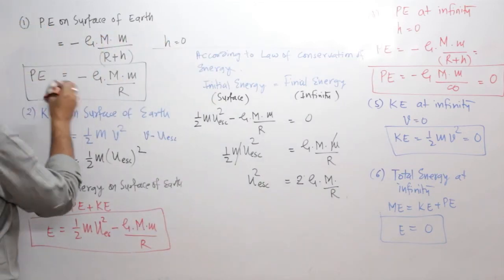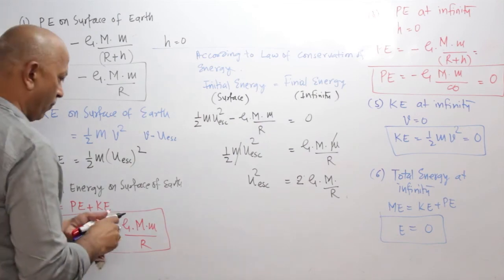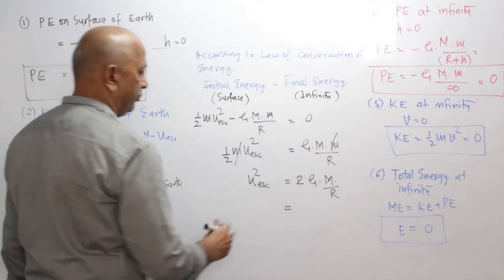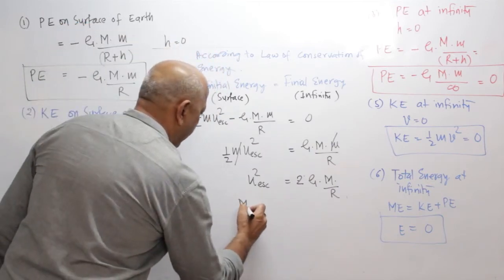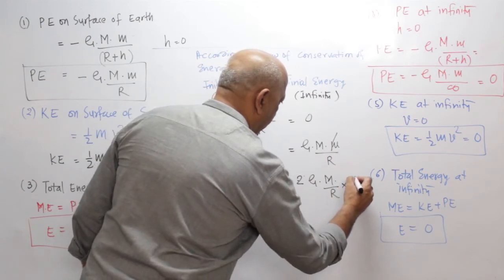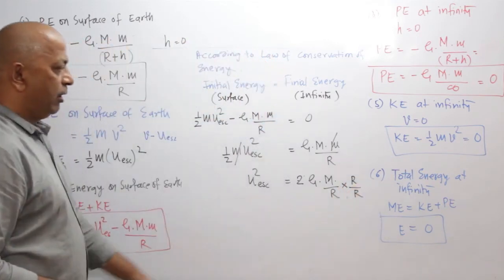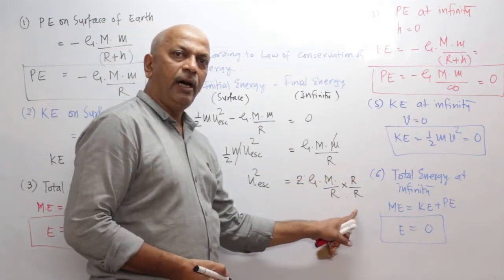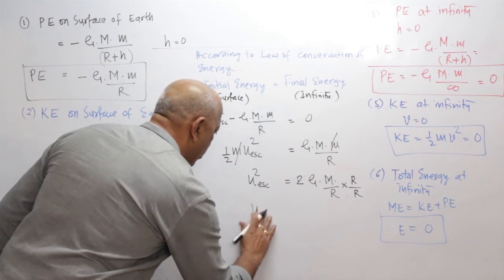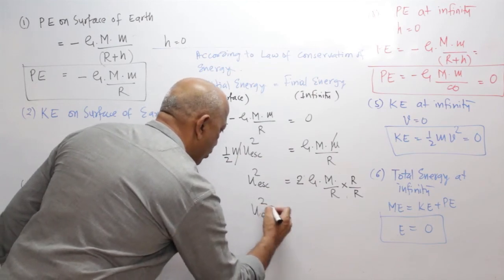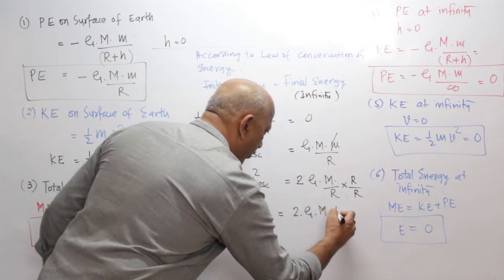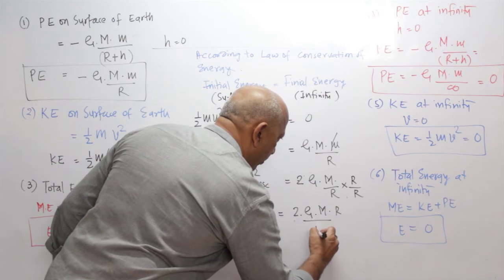Okay, write this down. I'm going to rub this one. This also I can write down: multiplying here by r above and r below, so the value will not change. So u escape squared is equal to 2 into G into M r upon r square.